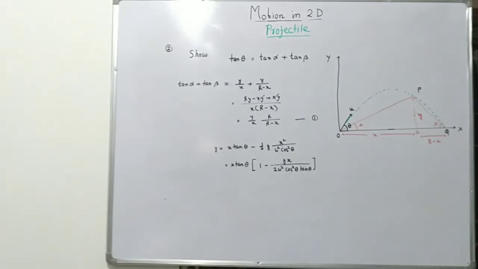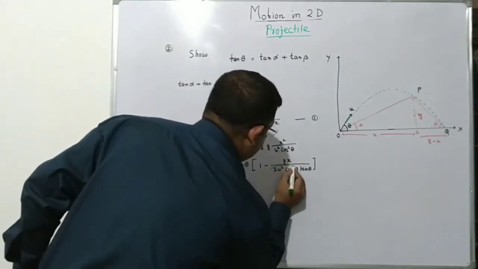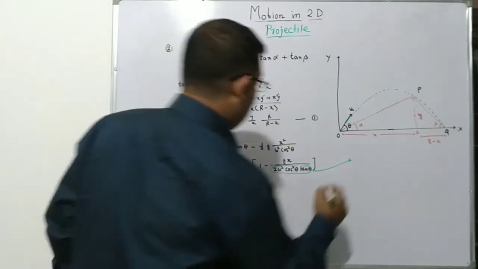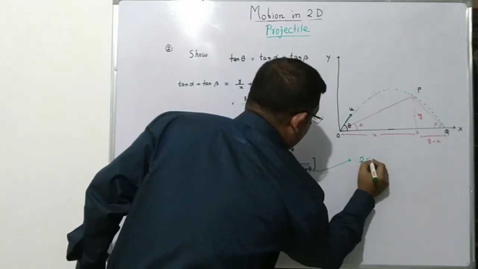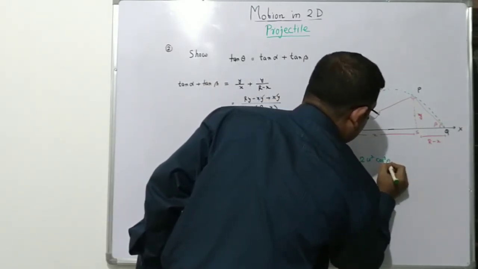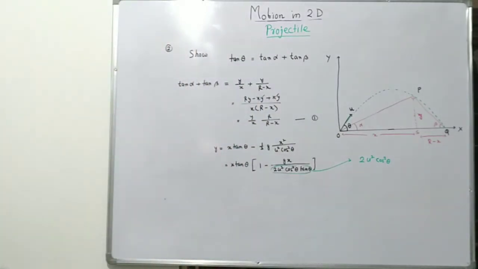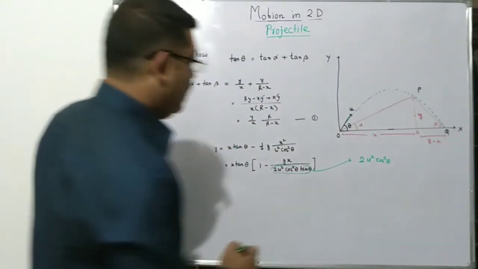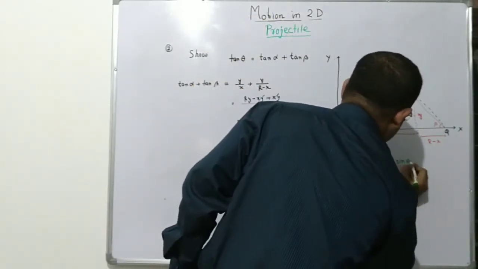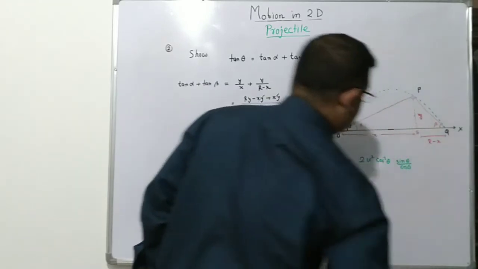Clear? Now let's consider this term in the denominator. This equals 2u square cos square theta, then we have tan theta, that is sin theta divided by cos theta.